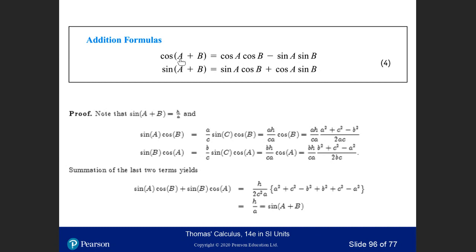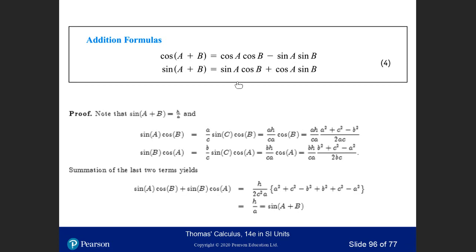If you have cosine of A minus B, then you have cosine A cosine B plus sine A sine B. And there is a similar relation. You have sine of A plus B is sine A cosine B plus cosine A sine B. If you have negative here, you put negative here too. So it's the sum and difference of angles and their trigonometric functions.